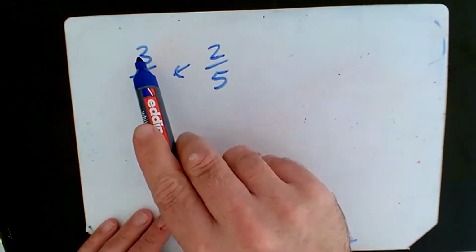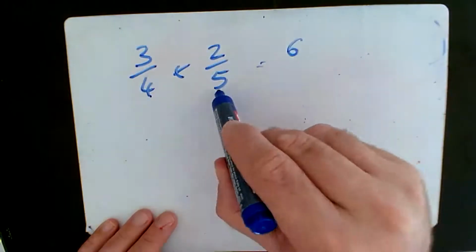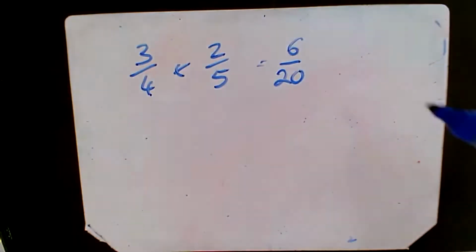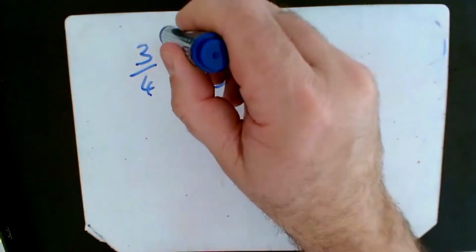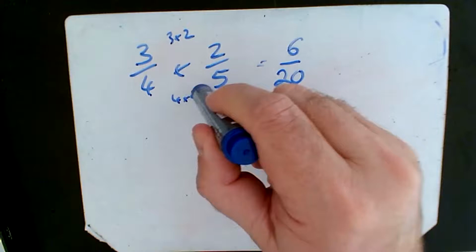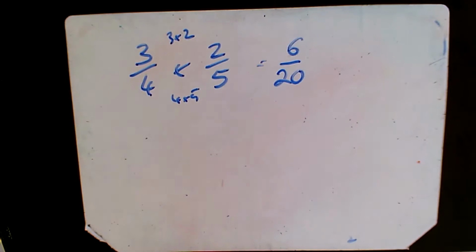So I go along the top: 3 times 2 is 6. 4 times 5 is 20. It's as simple as that. Ignore what you've learned about adding and subtracting. The rules are different. We don't worry about common denominators, and that makes our life easier.